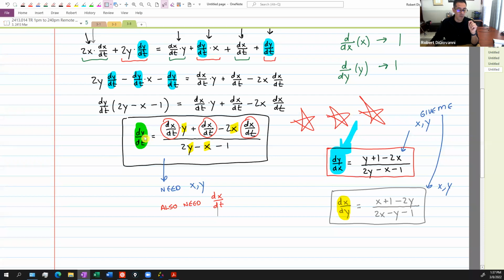But if I want to know the rate at which y is changing with respect to t, not only do I need to know a point on the graph, I also need you to tell me the rate at which x is changing with respect to t. Then I can tell you how fast y is changing with respect to t. So there's a lot more information that I need in order to answer this question, which is what I'm leading you into in the next section, because these word problems, you'll see.